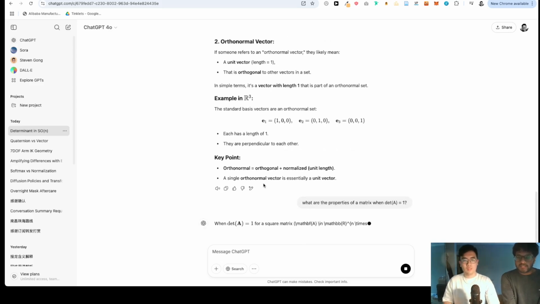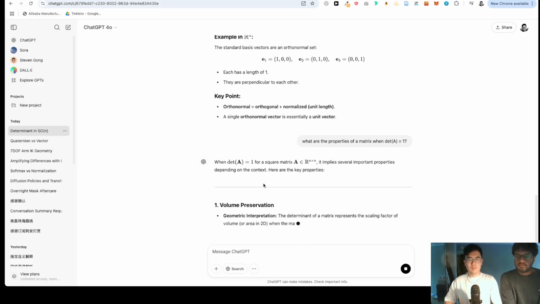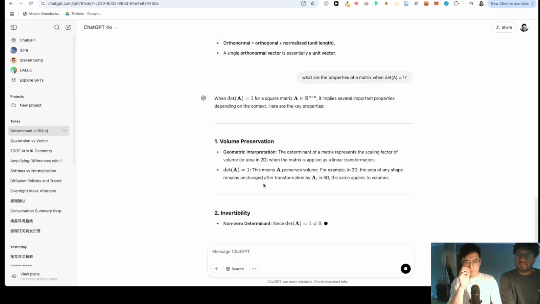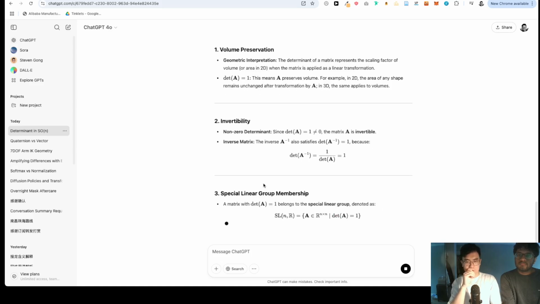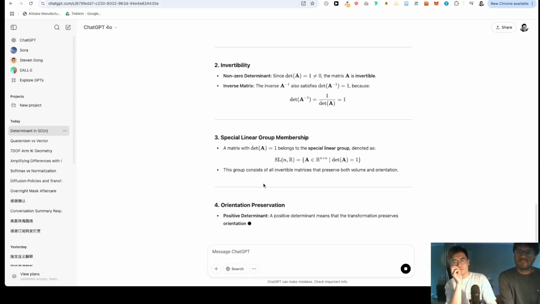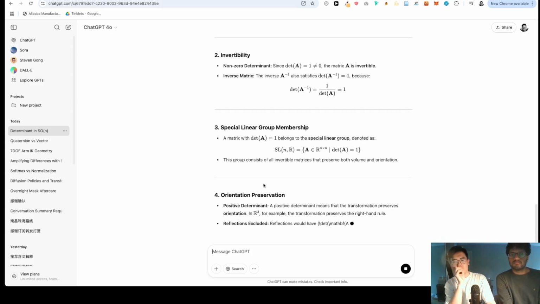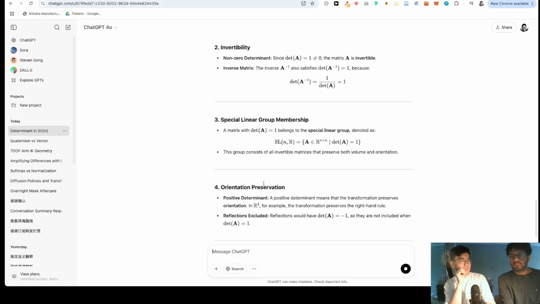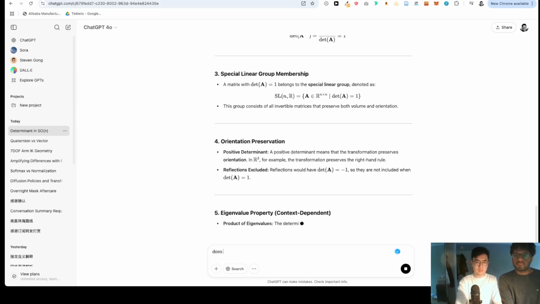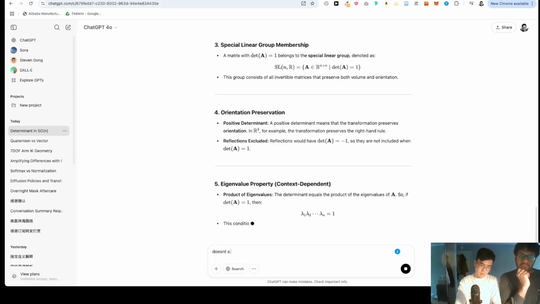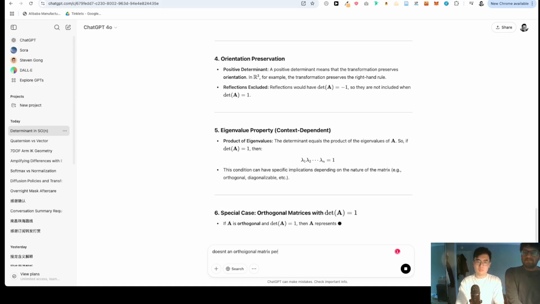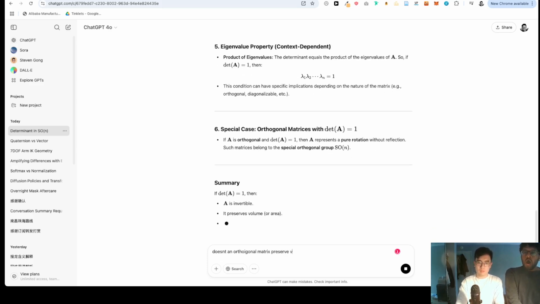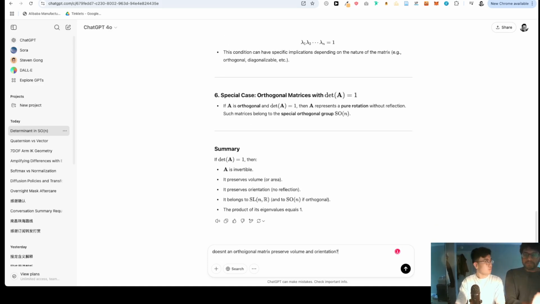Yeah, that's good to ask. You said special. Preserve volume and orientation, I guess. Doesn't an orthogonal matrix preserve volume and orientation?